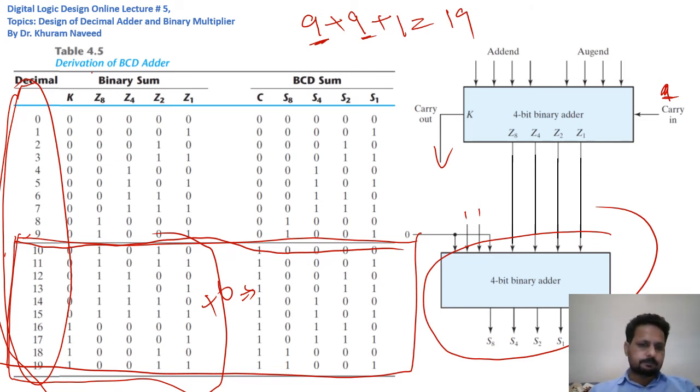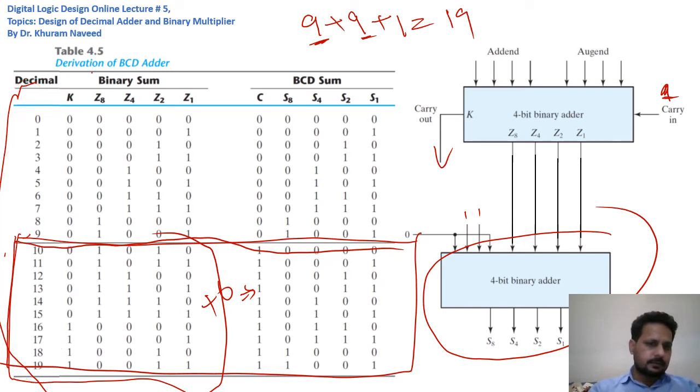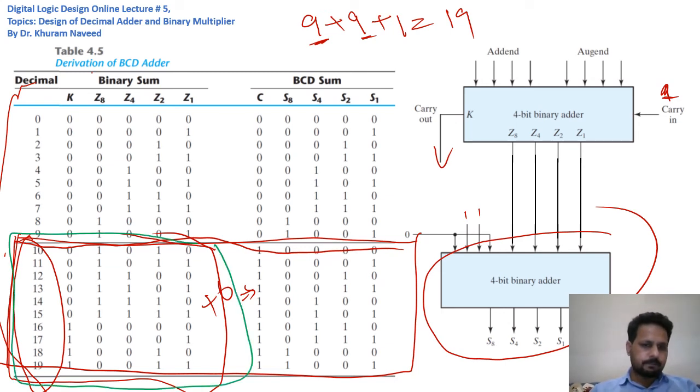Okay. So in order to detect these numbers where we need to add 6, let's compare this part of the table with this part, and let's see whether we can find some differentiable properties to differentiate between the first 9 digits and the subsequent ones.